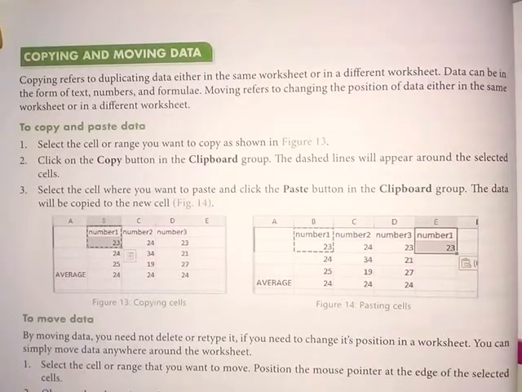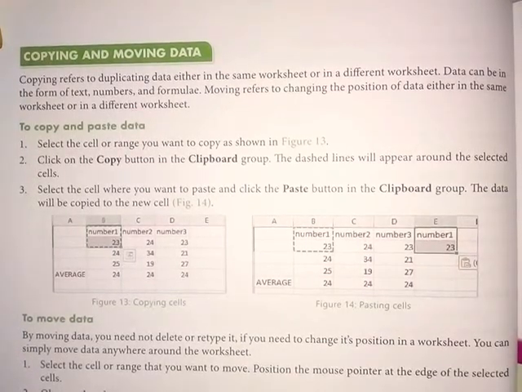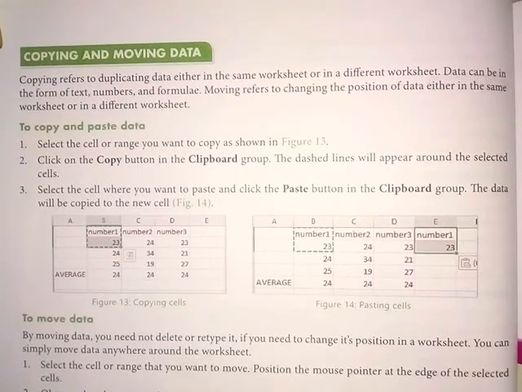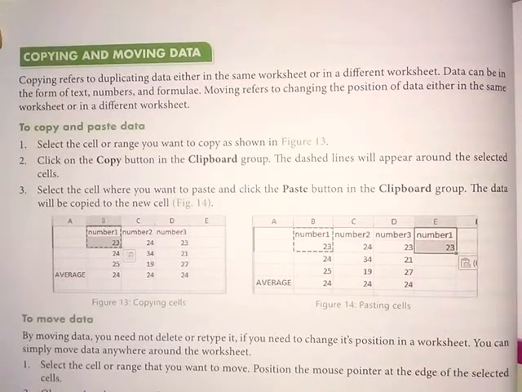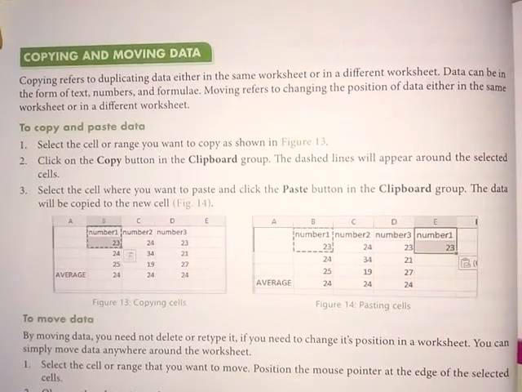Copying and moving data. Copying refers to duplicating data either in the same worksheet or in a different worksheet. Data can be in the form of text, numbers, and formulas. Moving refers to changing the position of data either in the same worksheet or in a different worksheet.